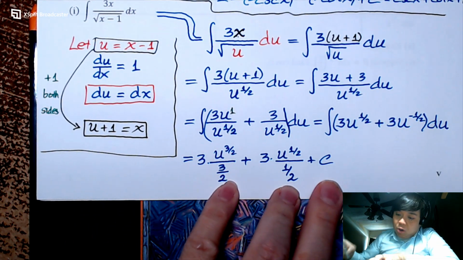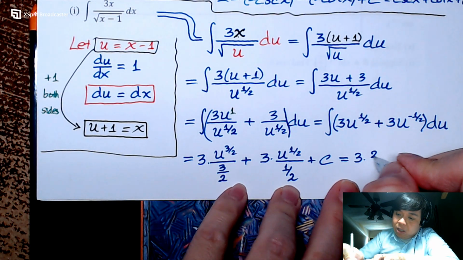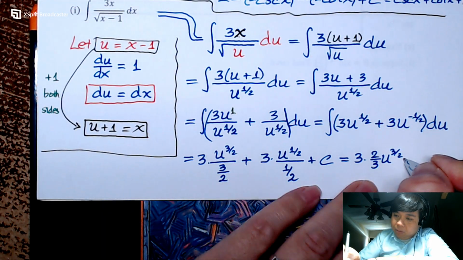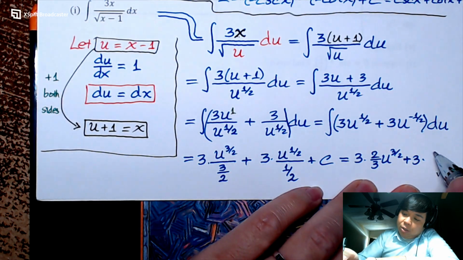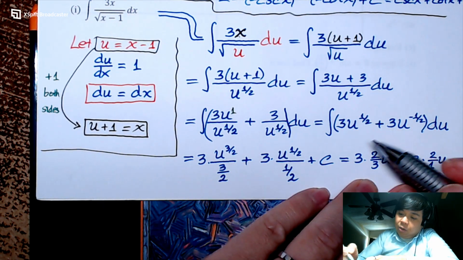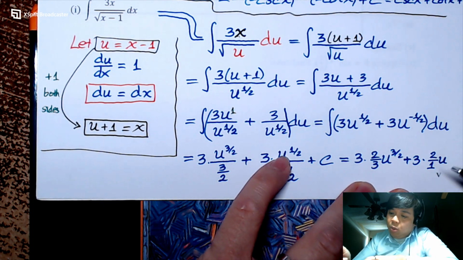Divide fraction is multiply reciprocal, so we have 3/2, so that's 2/3. 1/2 becomes 2 over 1, increase, that's just 1/2.